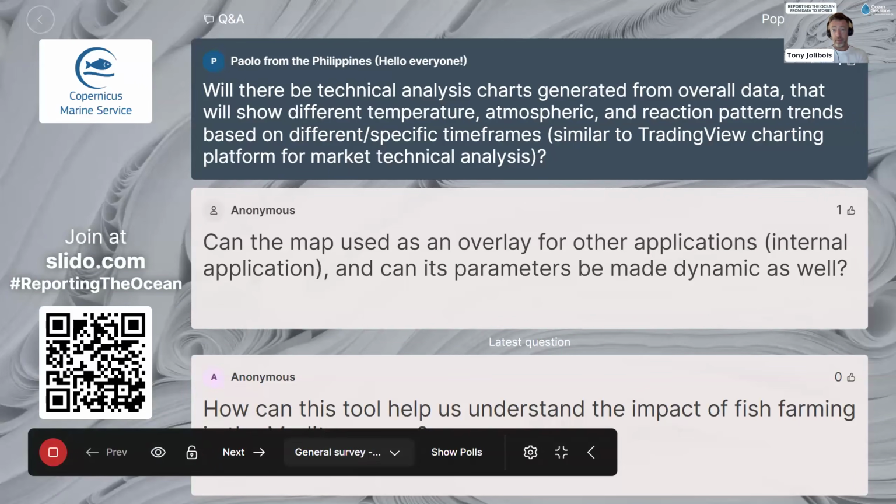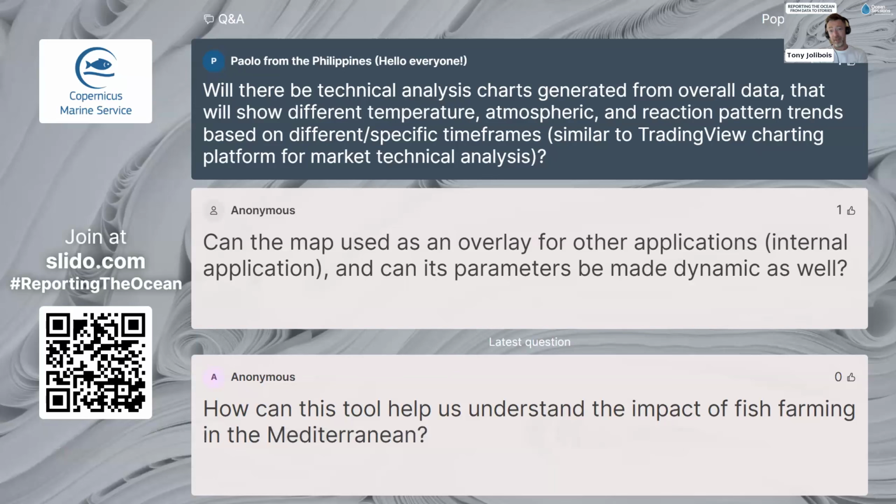Technical analysis charts, so yeah, charts. We are generating charts in MyOcean Health, and that was demonstrated by Andrea just before. We also have indicators in the Copernicus Marine catalog that can be reached through the catalog, for example, on the sea level rise or on the trend of the sea surface water temperature on a big period.